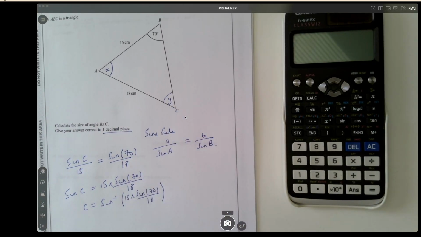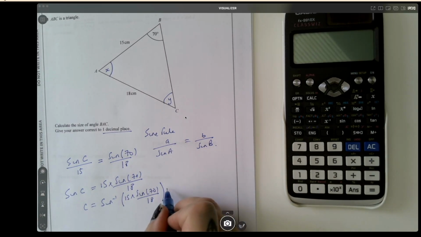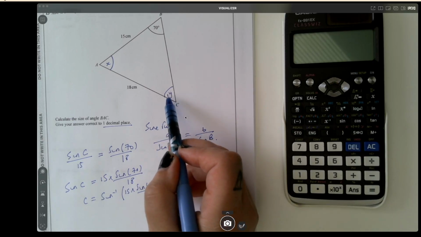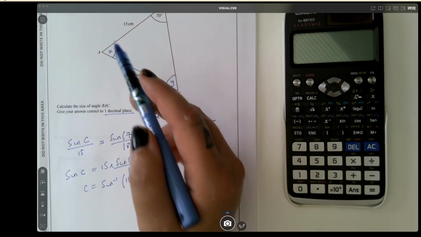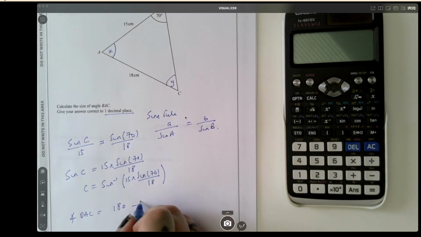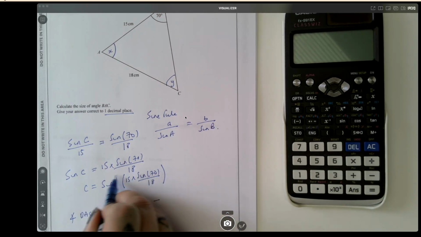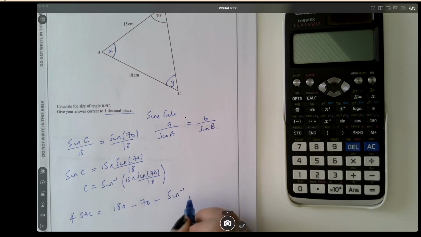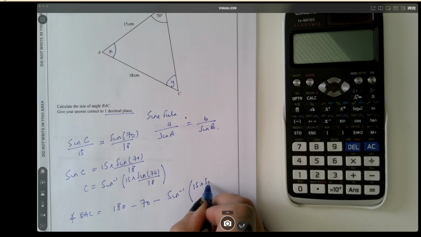Now what I'm actually not going to do is work that out. You can, if you want to, stick it in your calculator and work it out. But I know I'm going to take that angle and this angle away from 180. So to find angle BAC, I'm going to do 180 subtract 70, subtract sin to the minus 1 of 15 times sin 70 over 18.